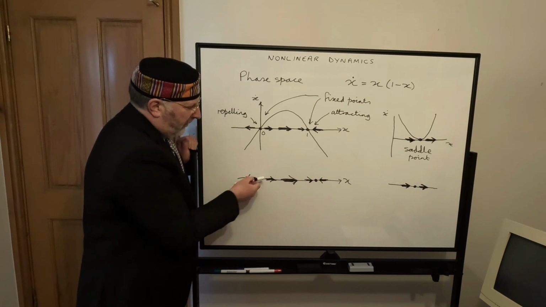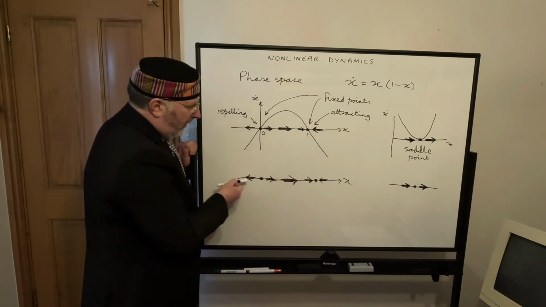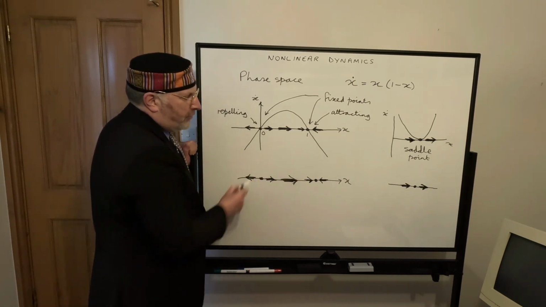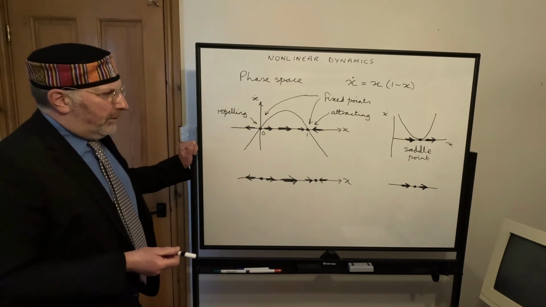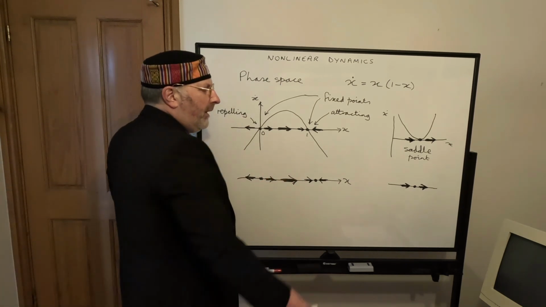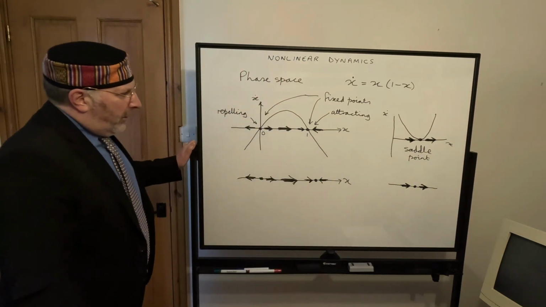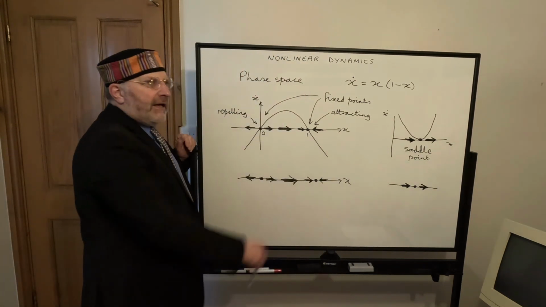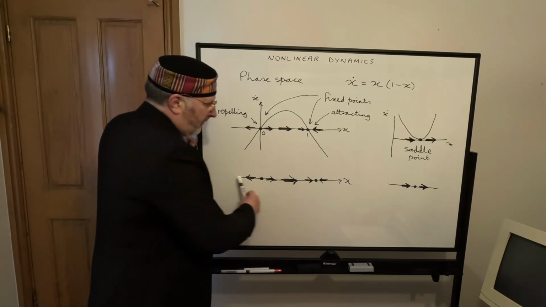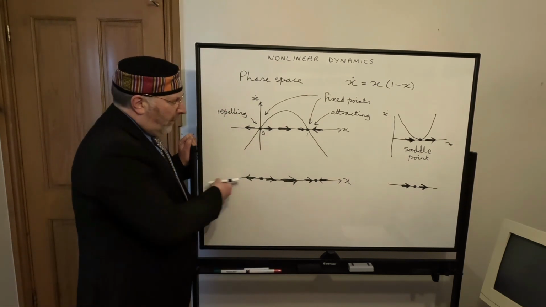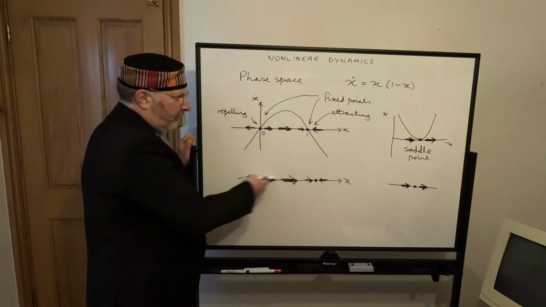So otherwise it's the same thing. We've got these two fixed points and we've got these arrows showing the direction in which the system will move in each region, and similarly over here. So this is a phase portrait, and this is the phase space. Now this is a one-dimensional phase space. This is just a line.